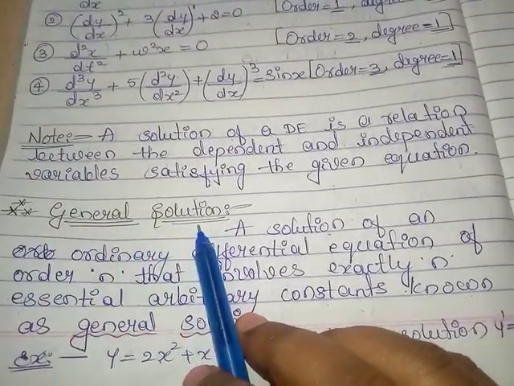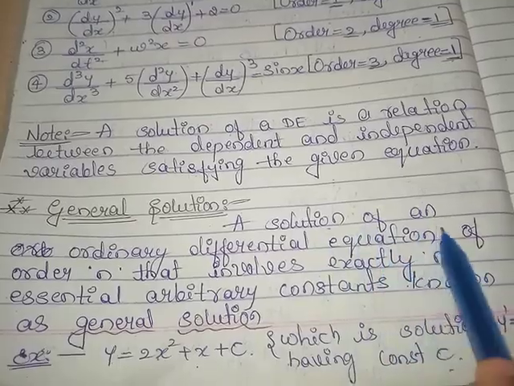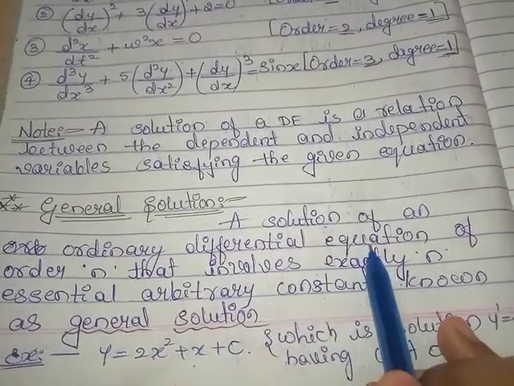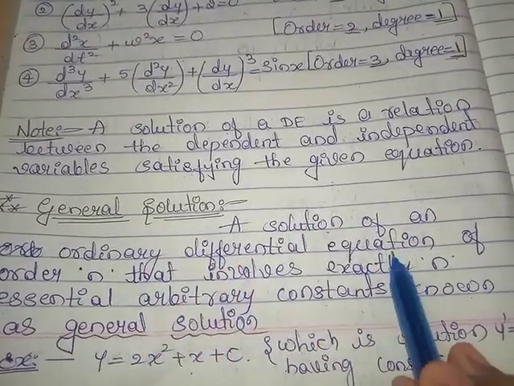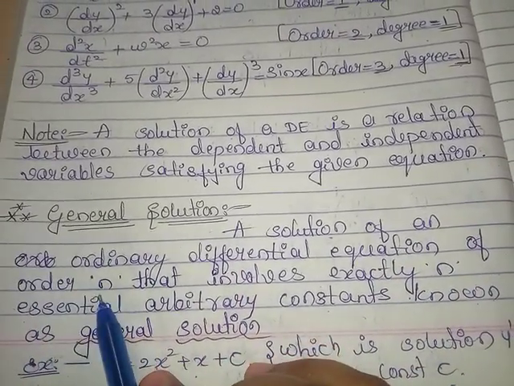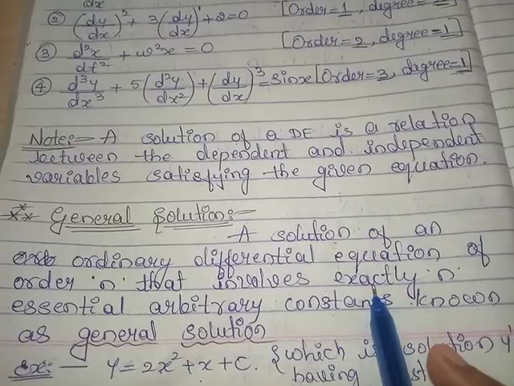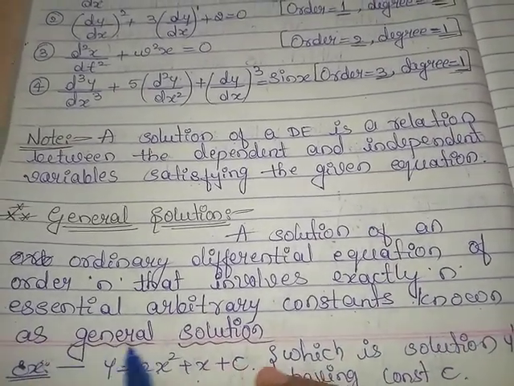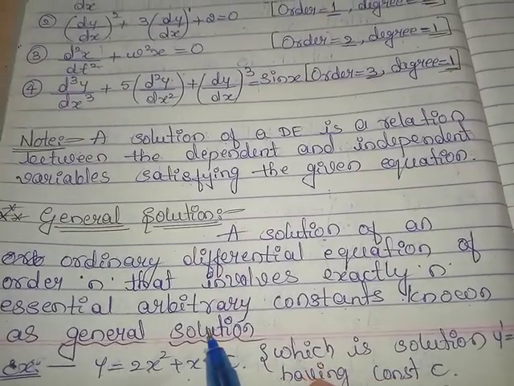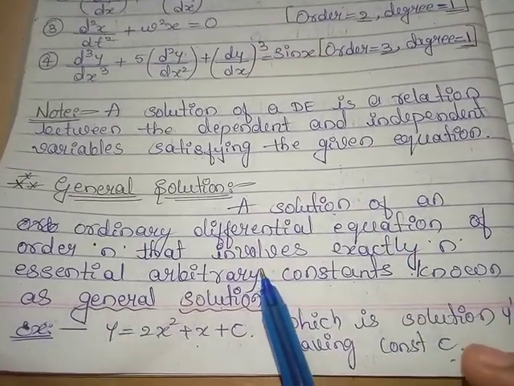What is the general solution here? A solution of an ordinary differential equation of order n that involves exactly n essential arbitrary constants is known as the general solution.